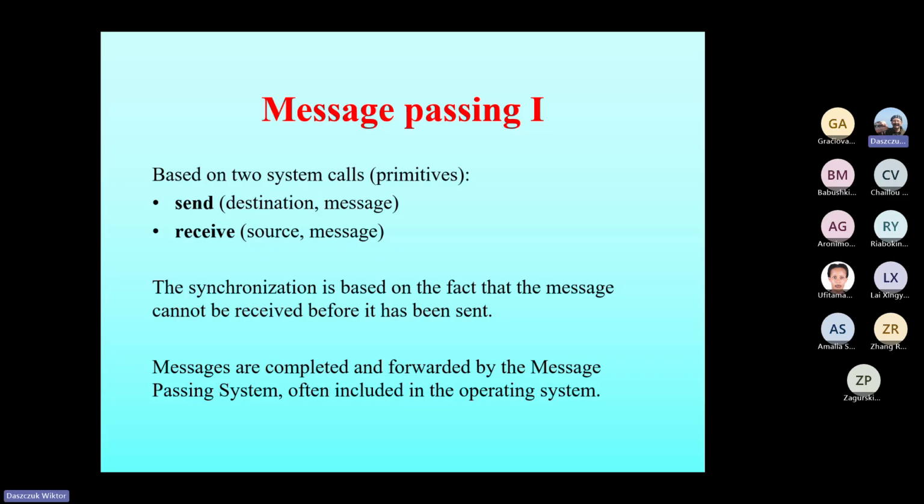cannot be received unless it is sent. And we have 2 basic primitives. Primitives are system calls concerning message passing. They are send and receive.